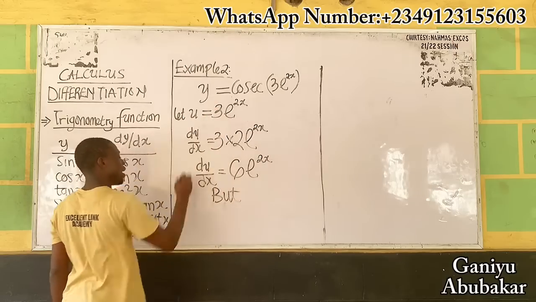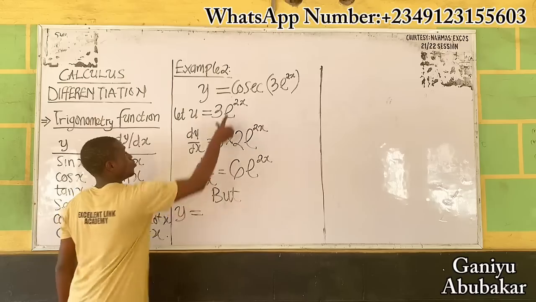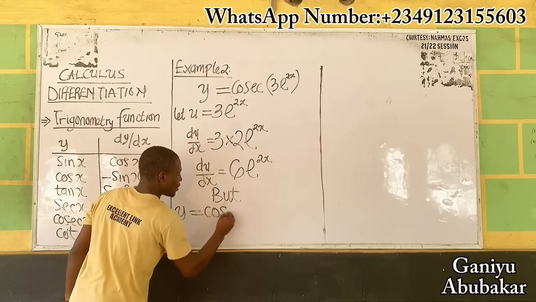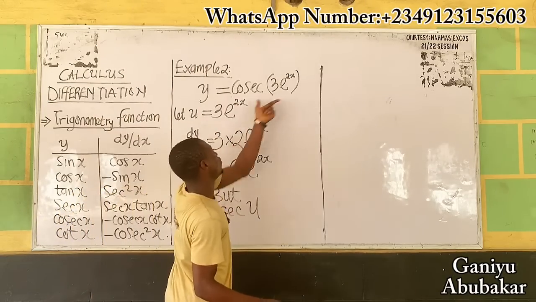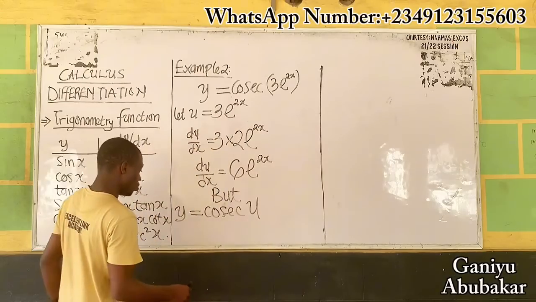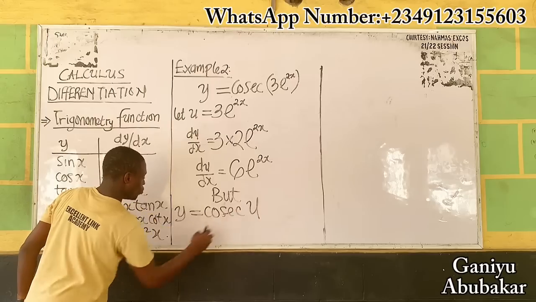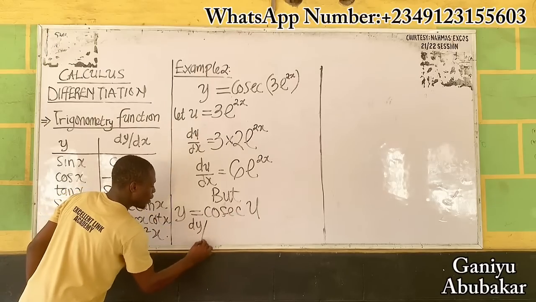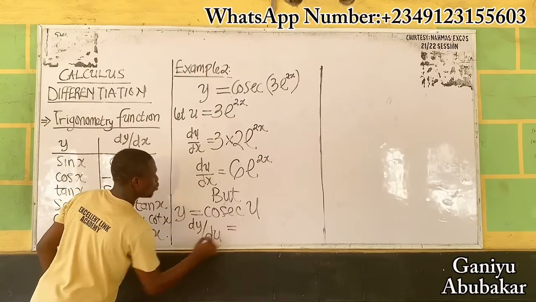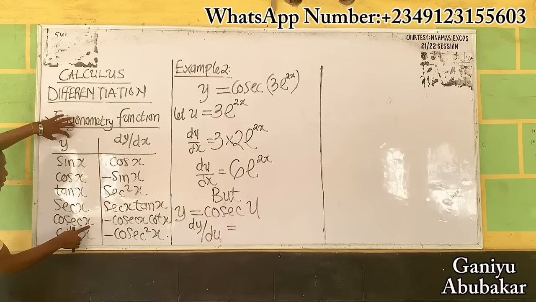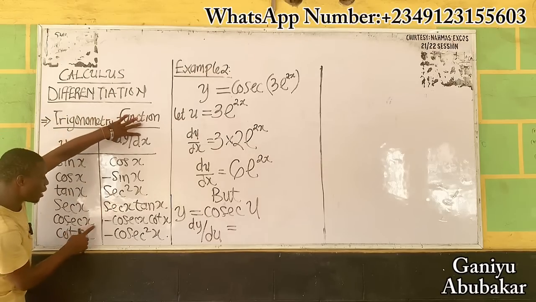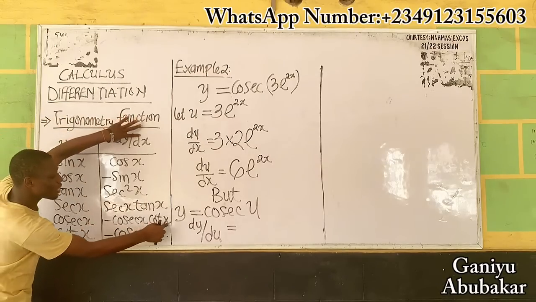But we said y is equal to cosec u. Yes, this now becomes u. I have y, I have u, so dy over du is equal to, if y equals cosec x, dy over dx gives minus cosec x cot x.